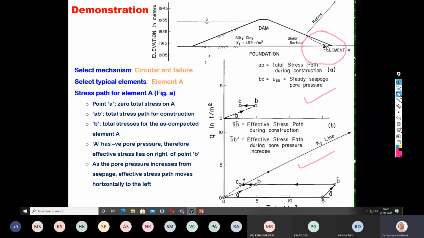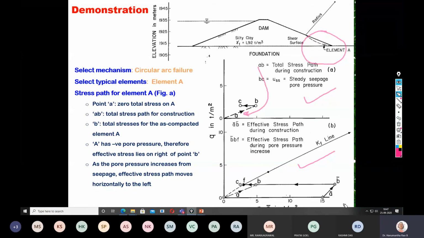Now you start building the earthen dam on top of element A, so we are increasing delta sigma 1. Correspondingly, there is an increase in the total stress path. Therefore AB is the total stress path during the construction, and BC is the steady seepage pore pressure, which comes later.